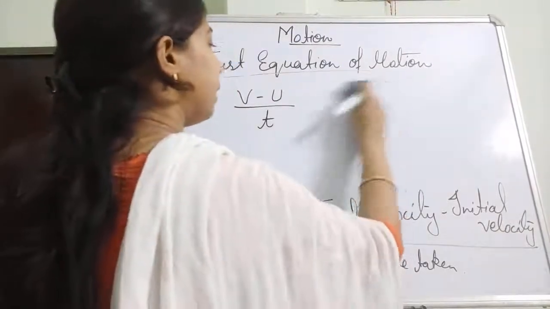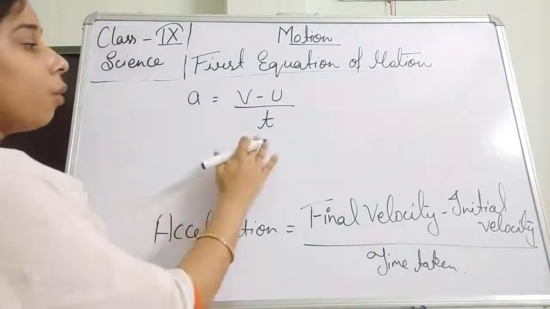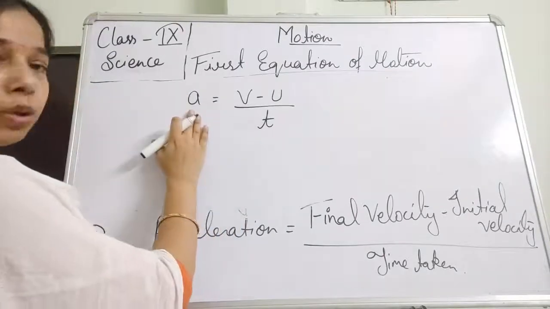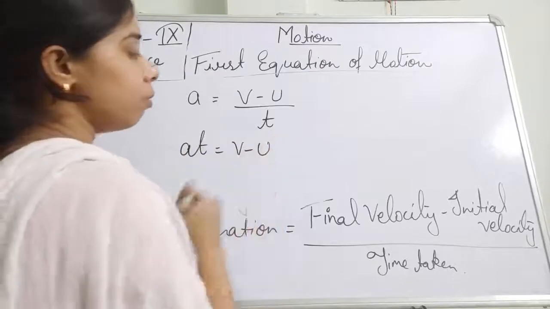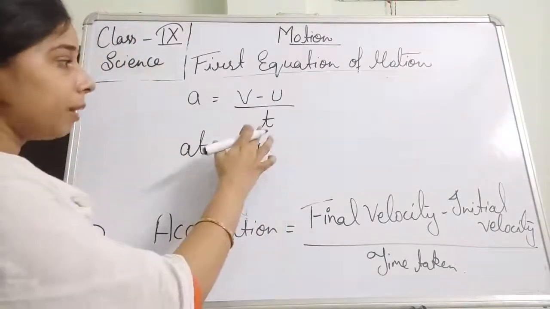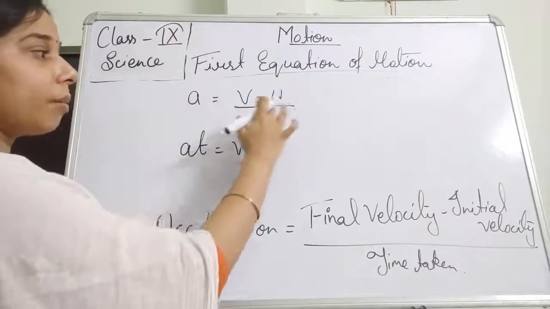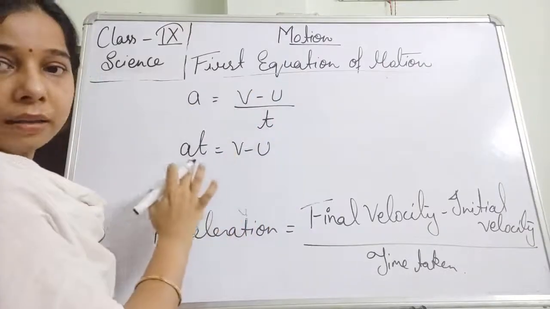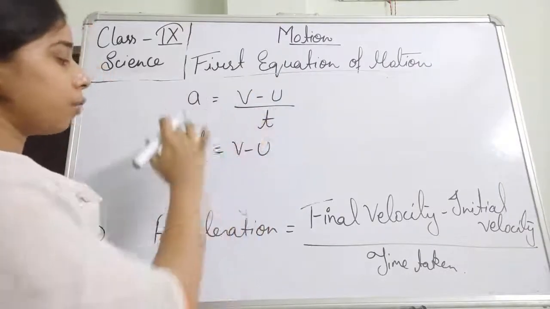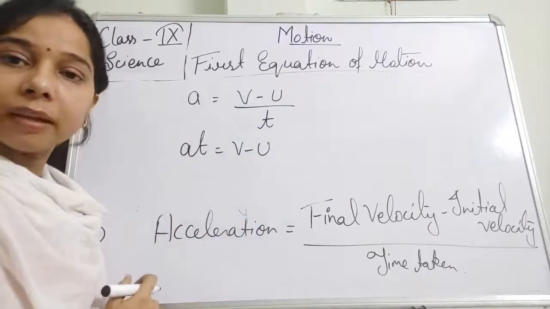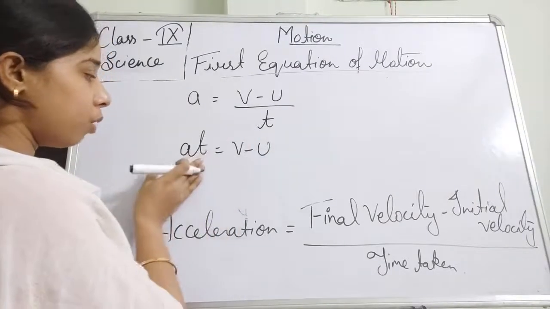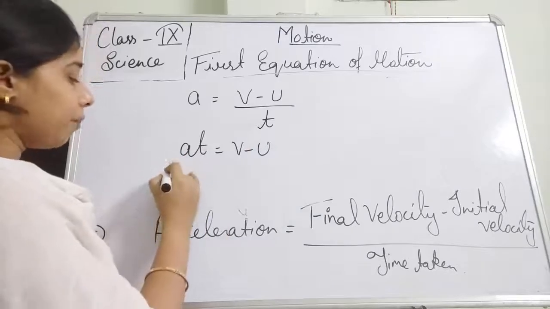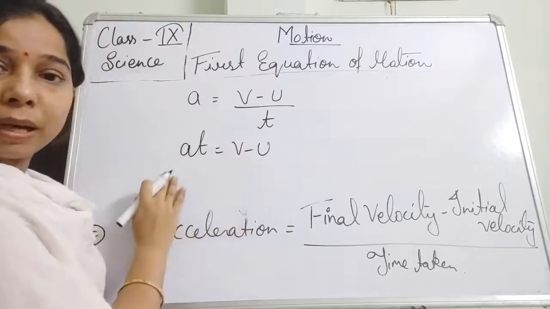Or we can simply rearrange it. t goes to this side and it becomes at is equal to v minus u, because the denominator is for the whole numerator. Then the minus u, when it goes to the other side, becomes plus u.